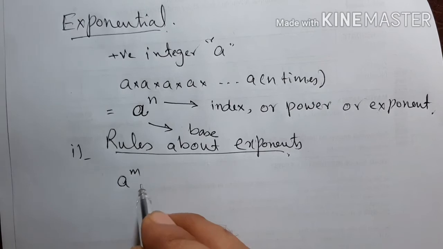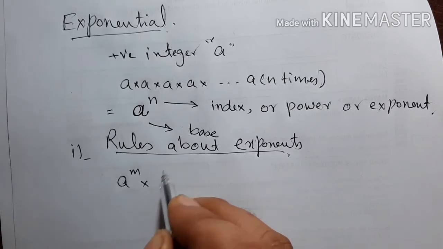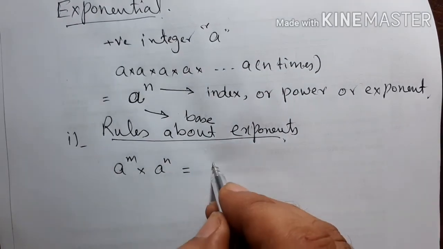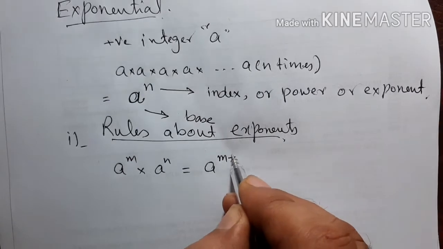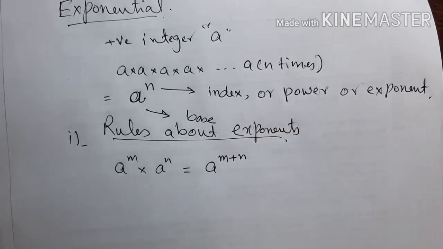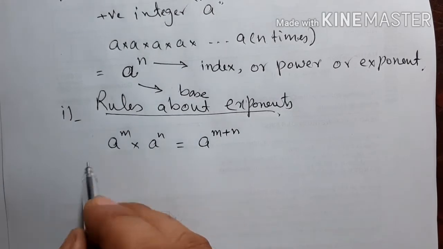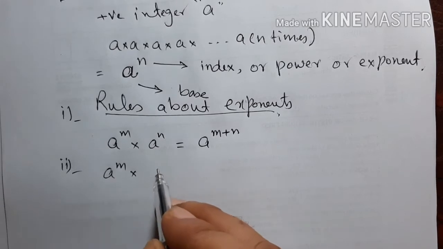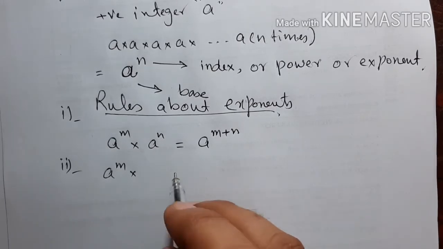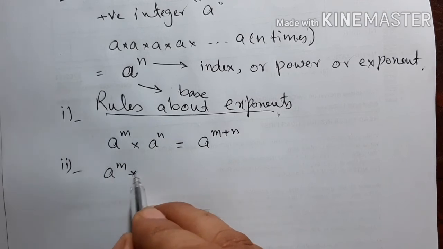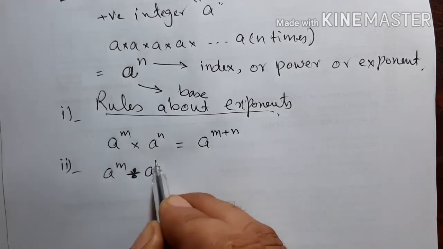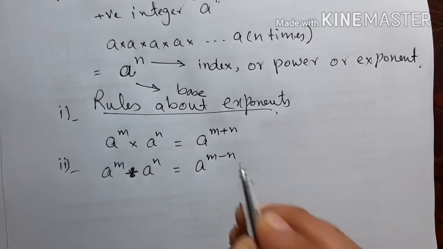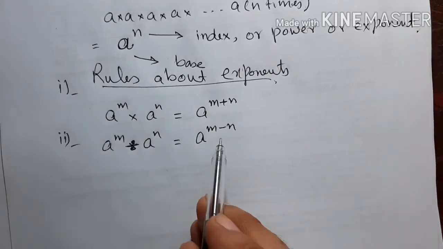If there are two exponentials with same base, if they are multiplied, their powers can add up on the same base. Number two, if two exponentials are being divided with the same base, then their powers will be subtracted on the same base.